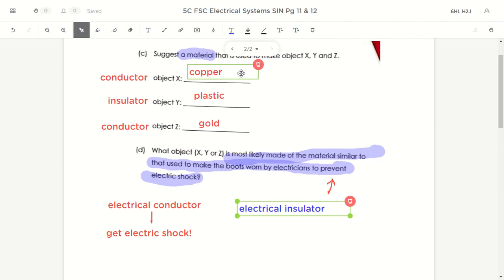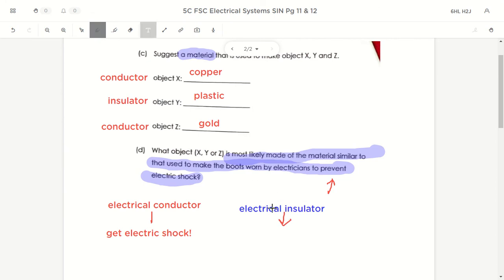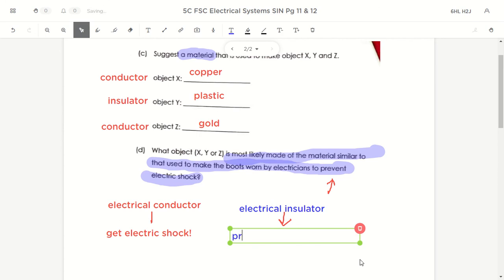Because if I wear an electrical insulator, let's draw an arrow down. The electric current cannot pass through the material to my body. Let's write everything down.